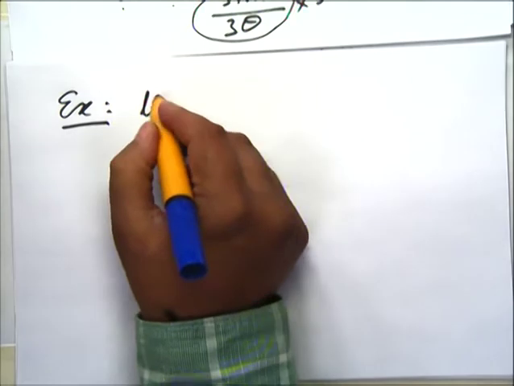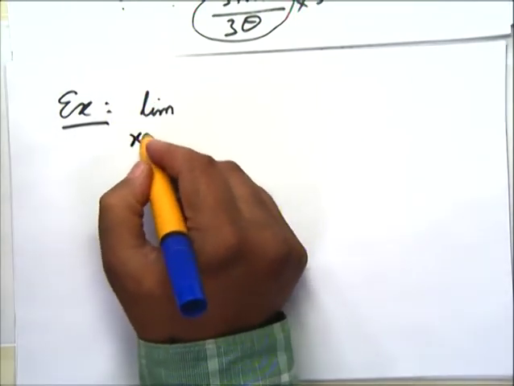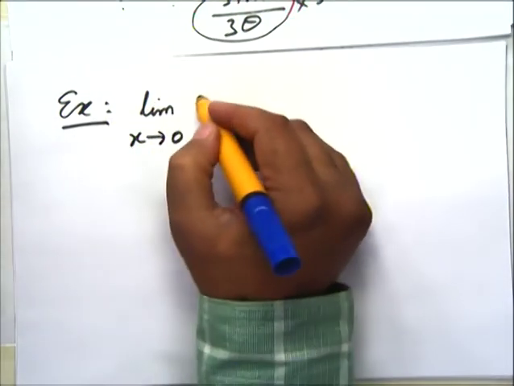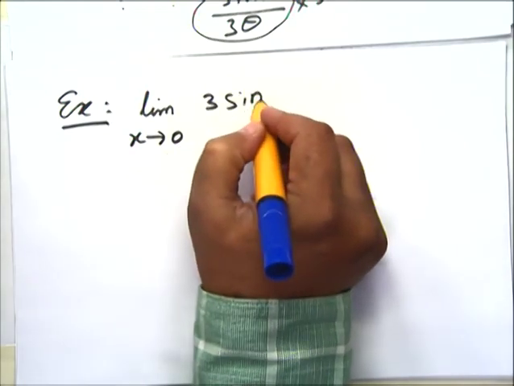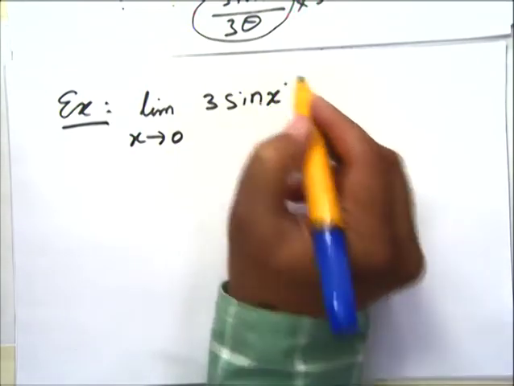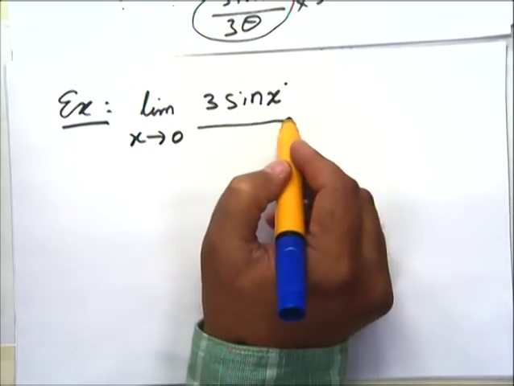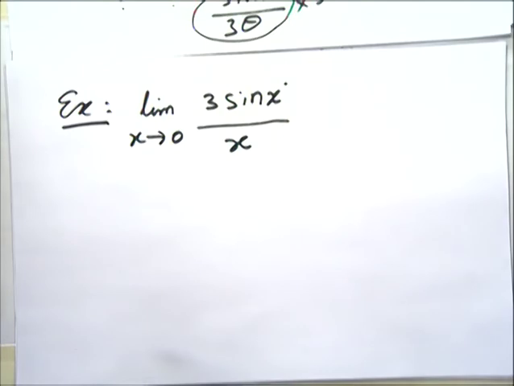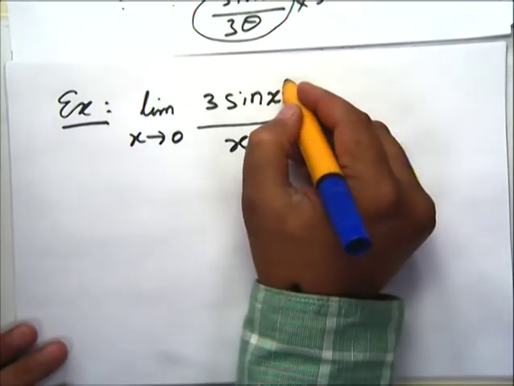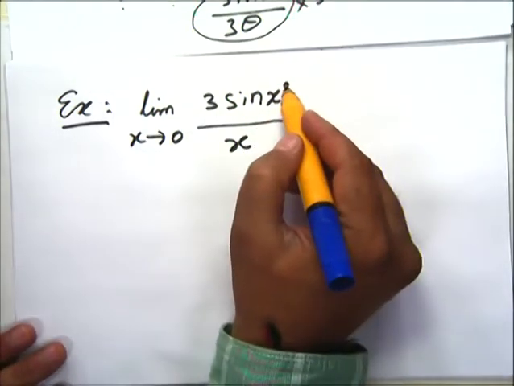Limit x tends to 0 of 3 sine x degree upon x. This is a degree, don't get confused with this.